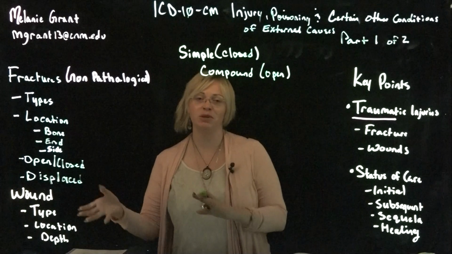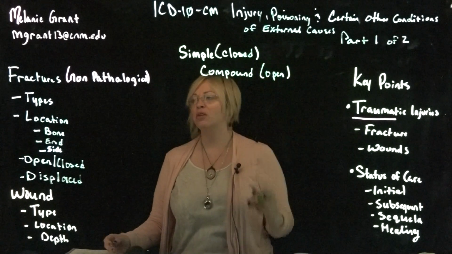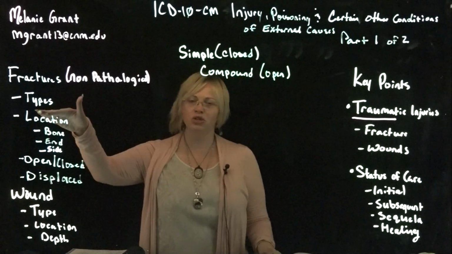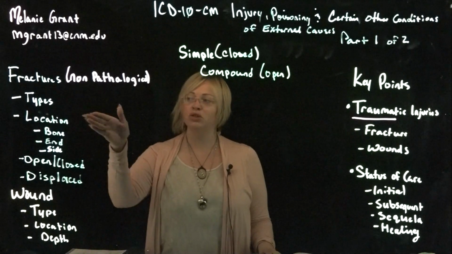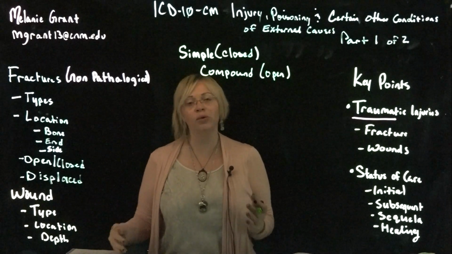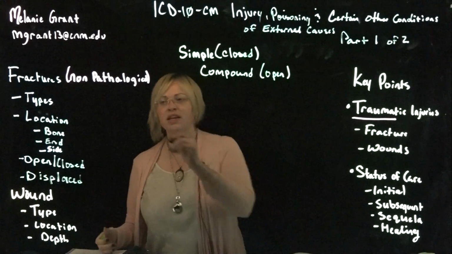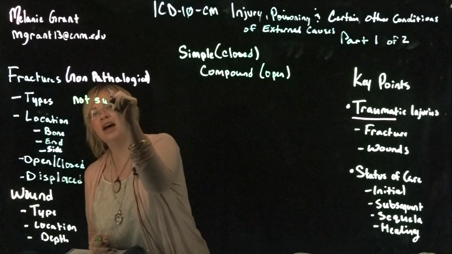So the less information you have, the less that you can give, and that means that we give closed for our type. Now, different types of fractures will also sometimes identify the location of the actual fracture itself, such as the bone, because it can only happen in a specific type of location. And as always, if you're not sure, look it up.